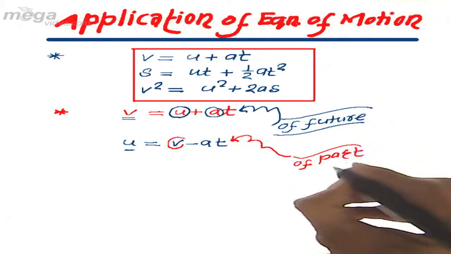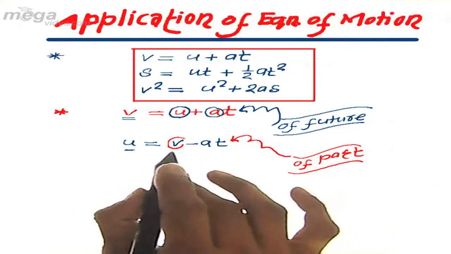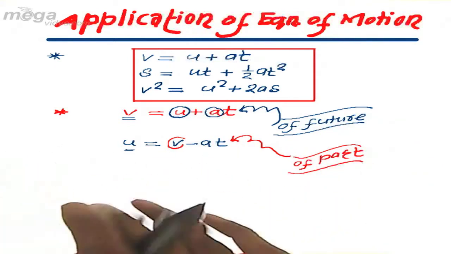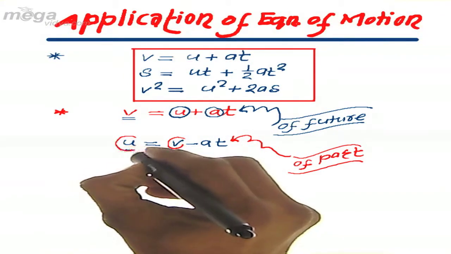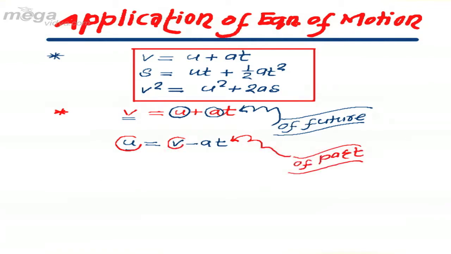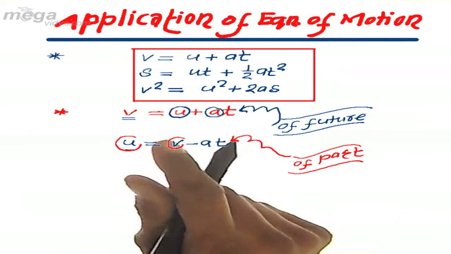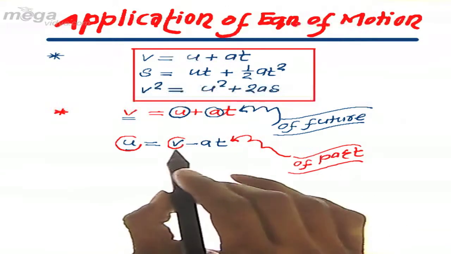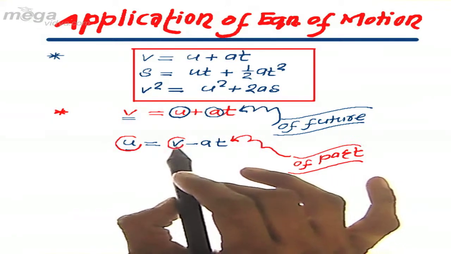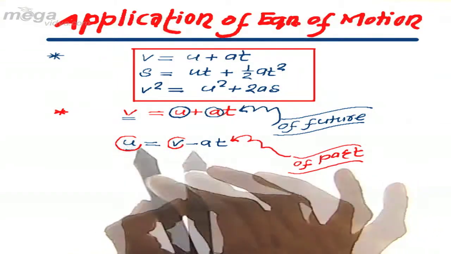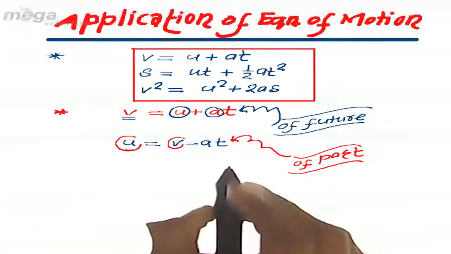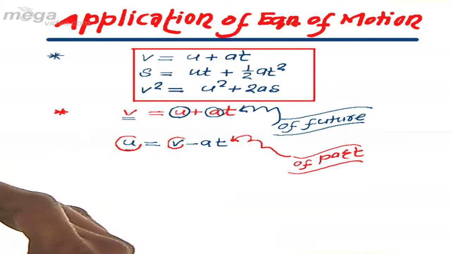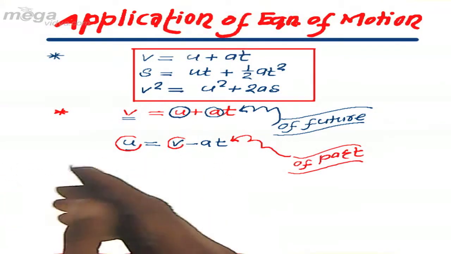I know the velocity v which the particle has at this time, and I want to find the velocity t time back. So the unknown part is of the past and the known part is of the future. Now we are at the future, having the knowledge of v, and we are getting the value of velocity 2 or 3 seconds back. So this equation gives the unknown velocity which the particle had in the past.